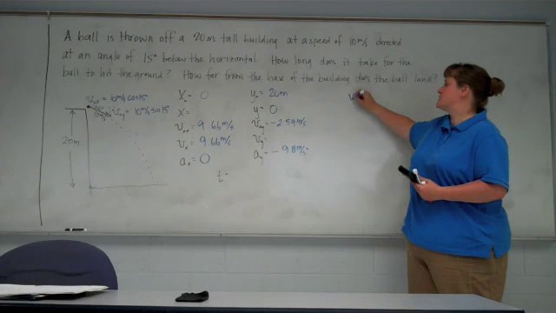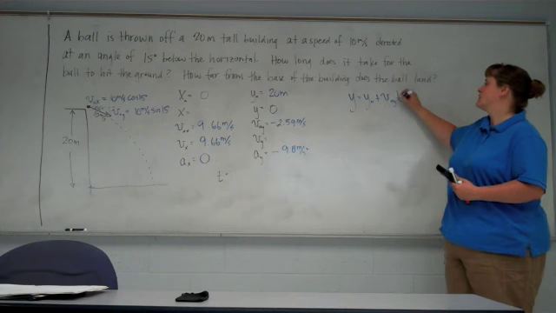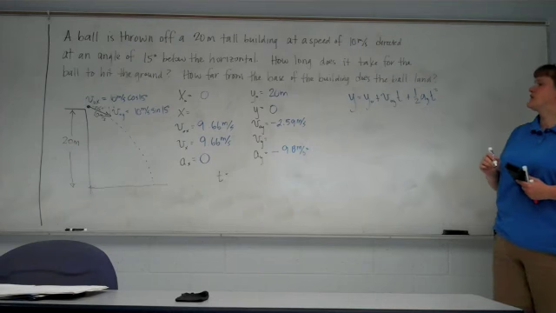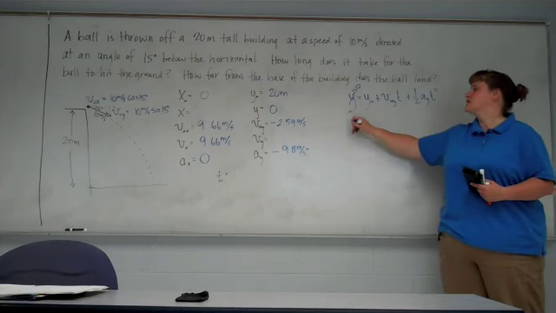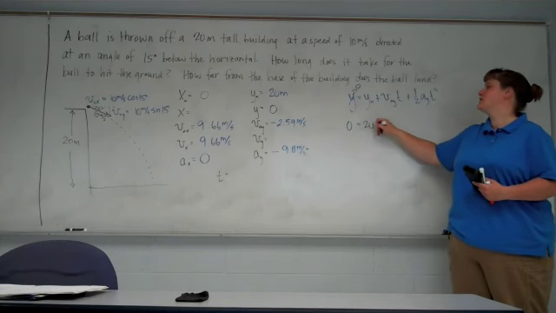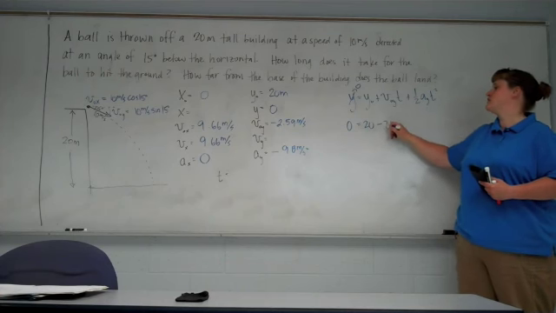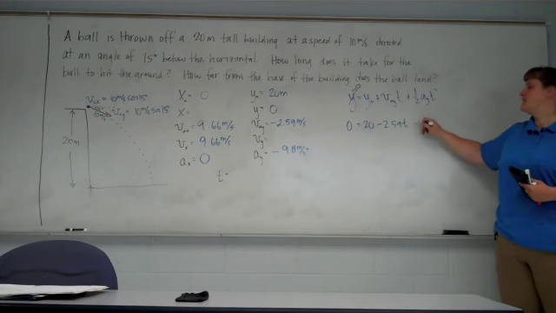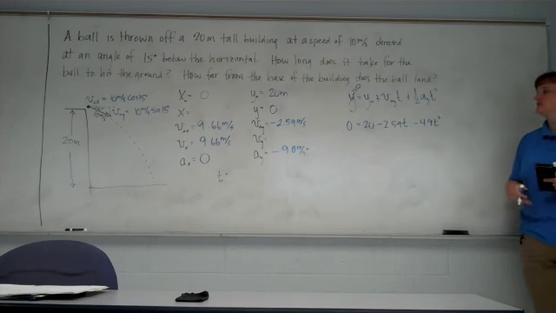We use this equation at 0. So we get 0 is equal to 20 meters, plus a negative 2.59 meters per second times t. 1/2 of 9.8 is 4.9. So we have a quadratic equation.